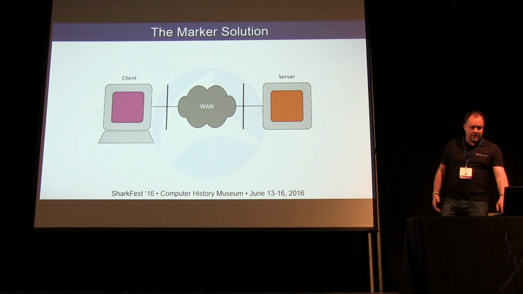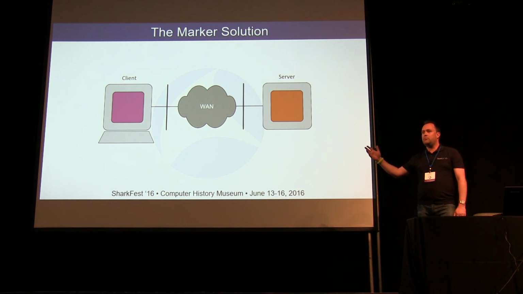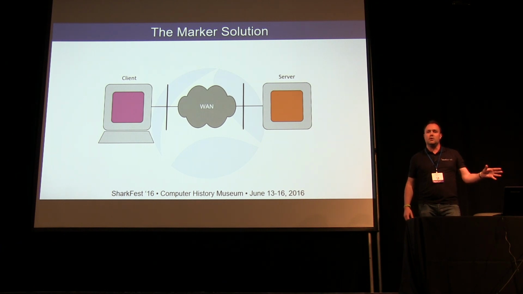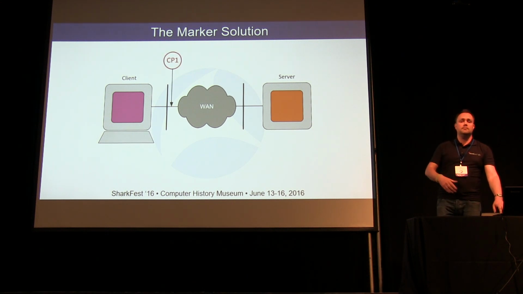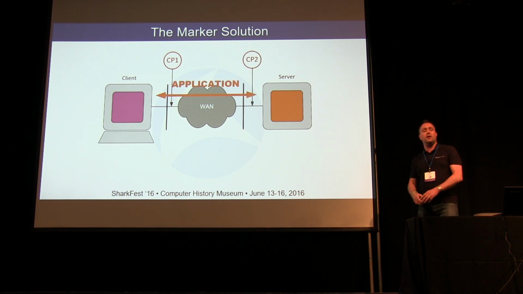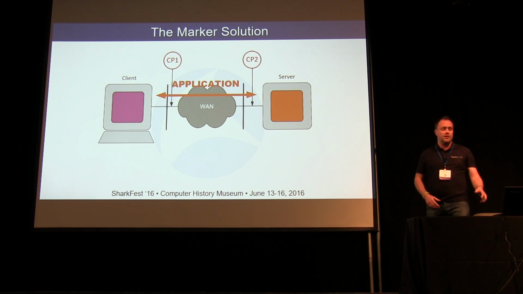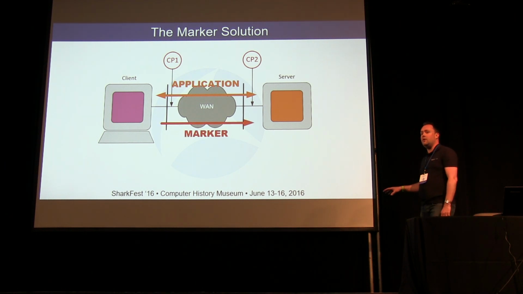So if I think about the marker solution, we've got a pretty basic application here. This is a thick client app, if you like, running on a single user desktop, going across a wide area network and talking to a server. We've got a capture point near our PC, and we've got a capture point near our server. Obviously, we've got the application data traveling between the two parts, and we want to be able to see our marker going along that same path.